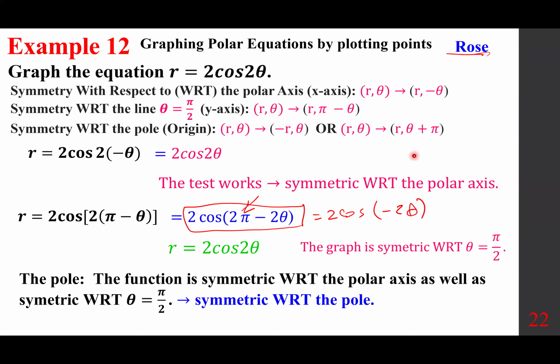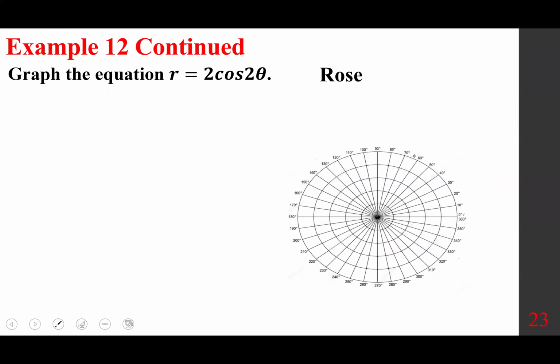All right, let's plot points and see how that works. This becomes a rose. Theta, r equals 2 cosine 2 theta, or r comma theta.